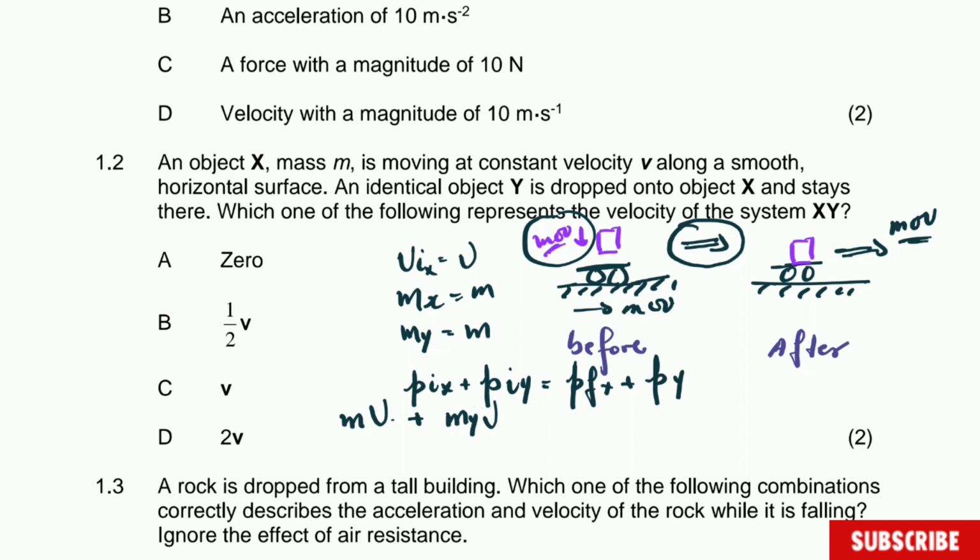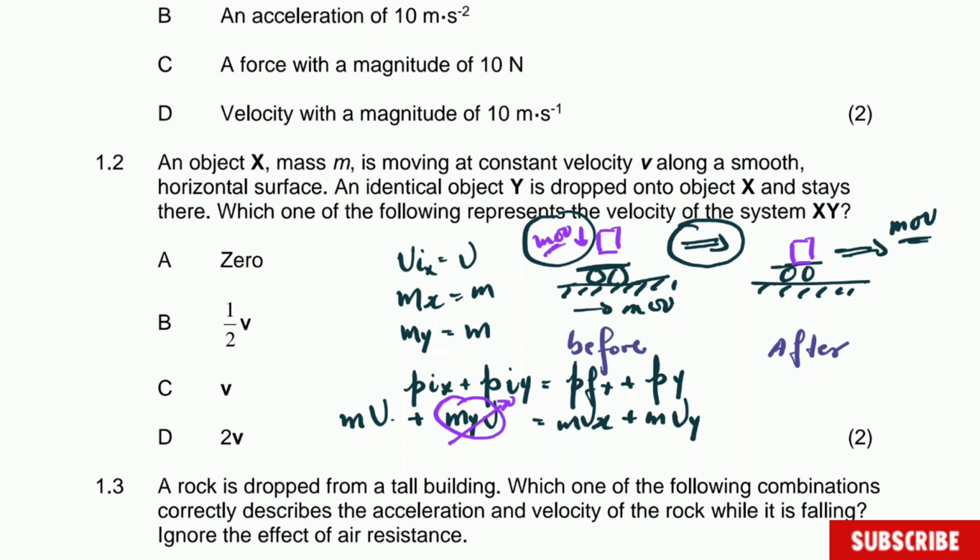So all this one here is going to be equal to 0 because the initial velocity of y in the x direction is 0. Then after, we have mass times vx plus mass times vy, but vx and vy are the same because they are moving together, right?